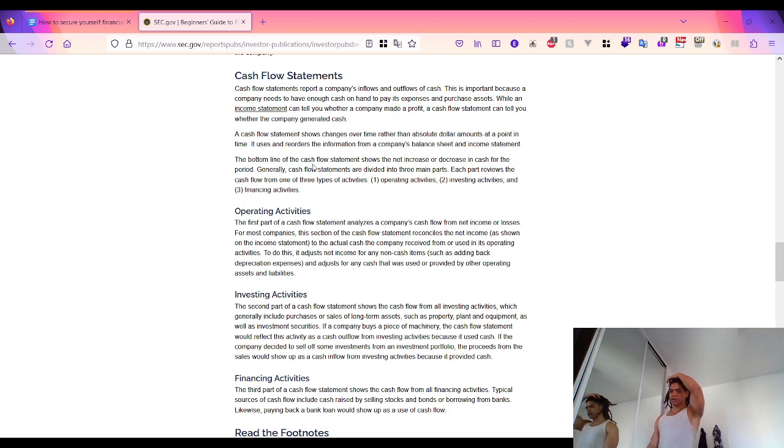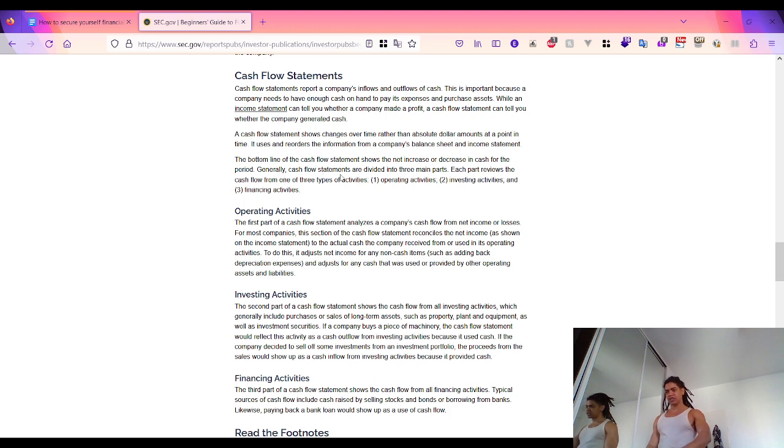The bottom line of the cash flow statement shows the net increase or decrease in cash for the period.